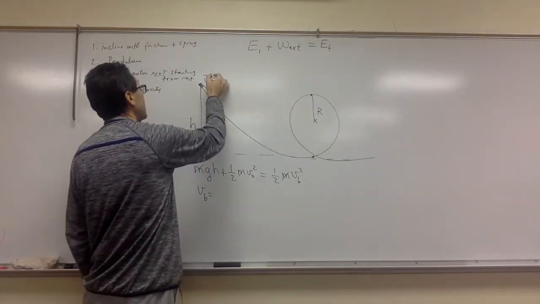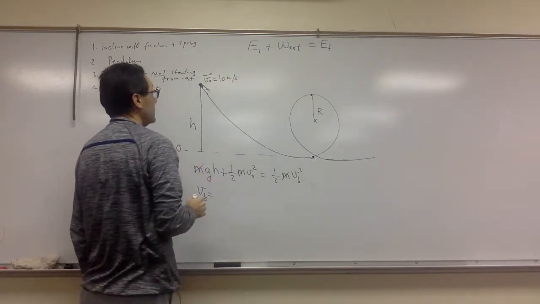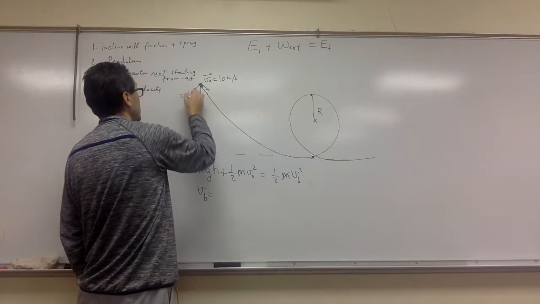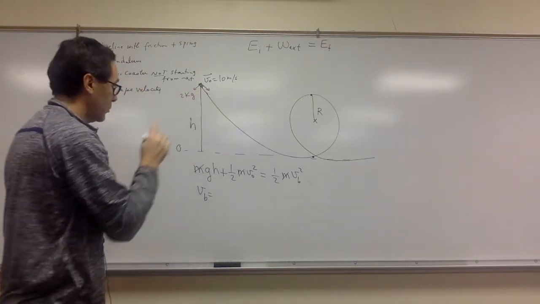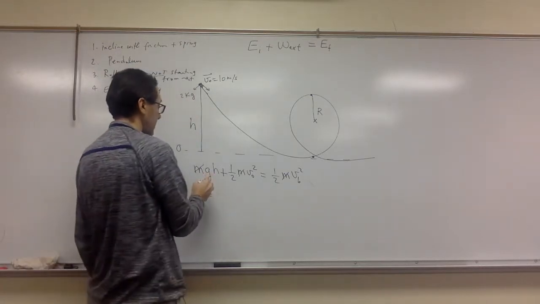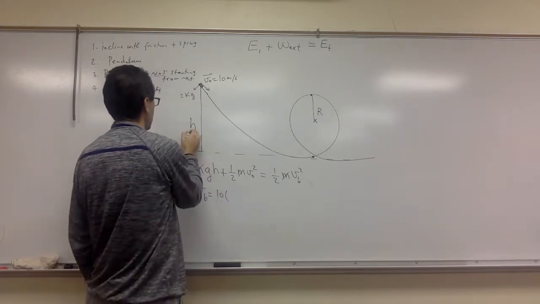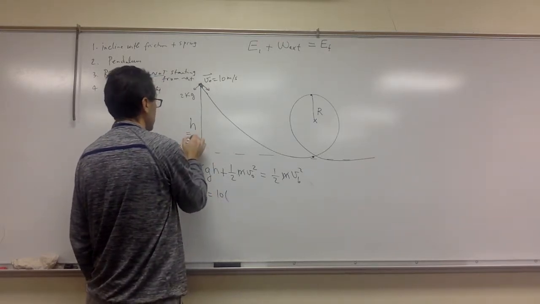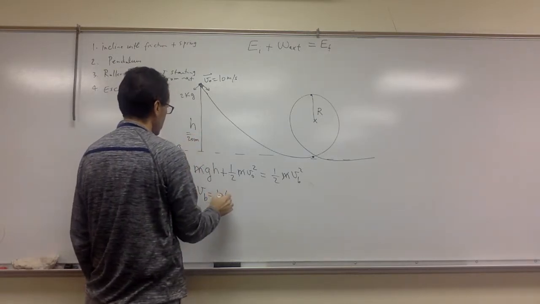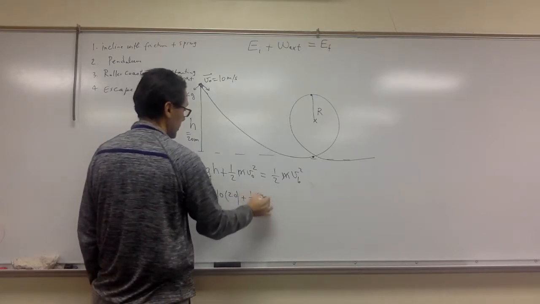Let's say v0 is 10 meters per second, and I'm going to give this mass 2 kilograms, which is not important now, but will come in handy later. So vb squared is g, which is 10, times this height, let's say 20 meters.